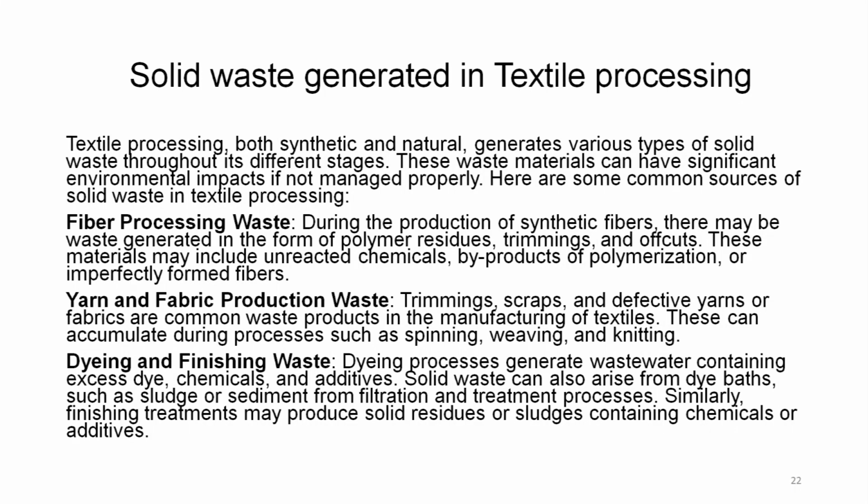So, there could be many ways by which fiber processing waste could be generated. Similarly, there are yarn and fabric production waste. Trimmings, scraps and defective yarns or fabrics are common waste products in the manufacturing of textiles. These can accumulate during processes such as spinning, weaving and knitting.